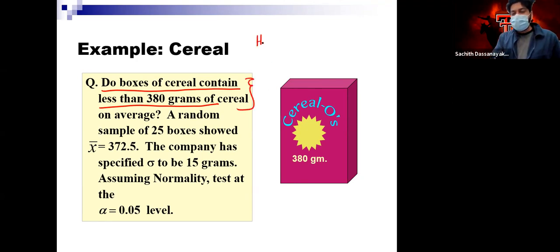Your H naught doesn't depend on that. You don't need to read the question to write the H naught. It's always mu equals mu naught. Your HA, the alternative hypothesis, is mu less than this much.